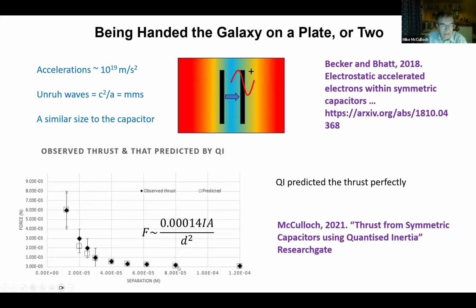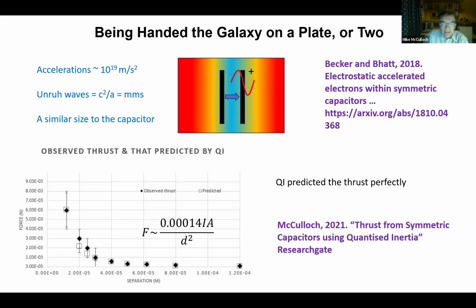So the black diamonds are the observations, and the theory predicts the squares, the open squares, and it agrees very well with the data. So it predicts the thrust perfectly, and I published that on ResearchGate in this paper here.